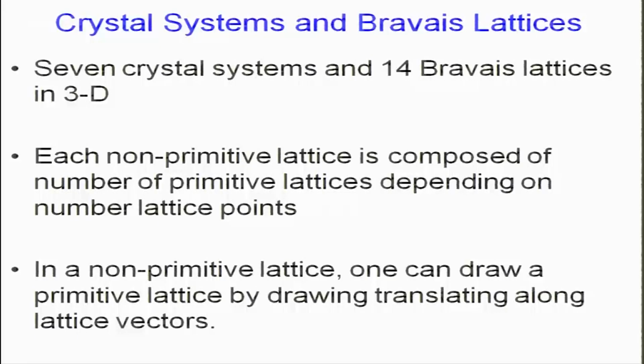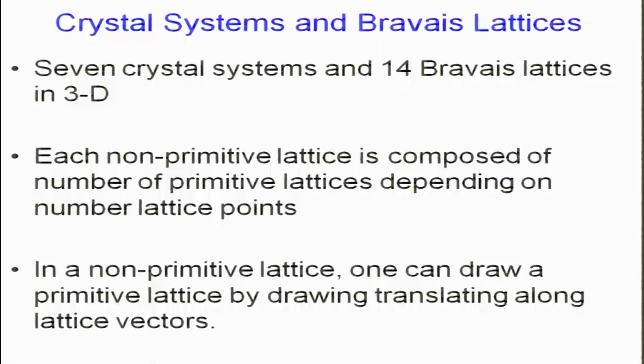For example, body centered cubic has 2 lattice points, which means it is equivalent to 2 primitive cubic lattices. Similarly, face centered cubic has 4 lattice points, so it is equivalent to 4 primitive lattices.